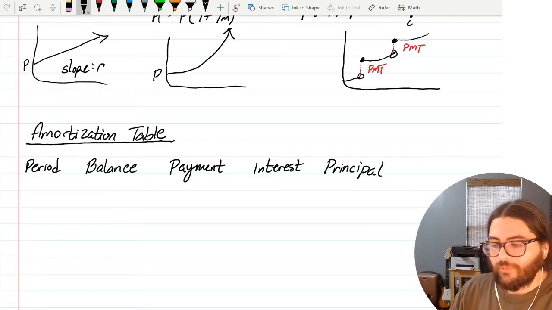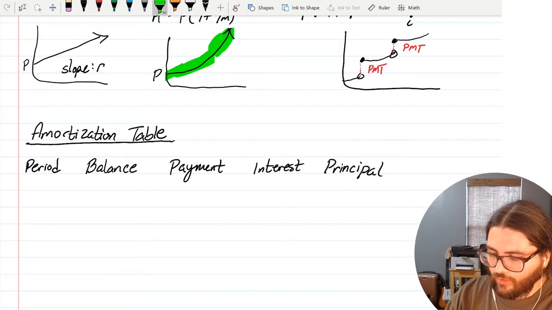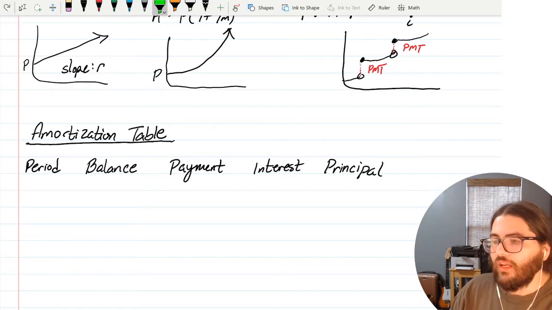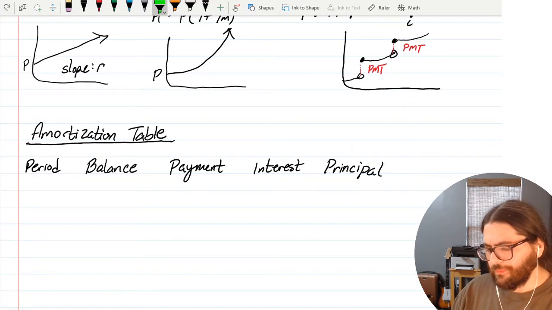As a matter of fact, when we were talking about credit cards before, I've already got this kind of growth up here. If you're not paying on a loan at least as much as the interest is, then it's going to keep growing, because your payment doesn't even cover the interest. And so the balance is going to go up over time, and it's only going to get worse.